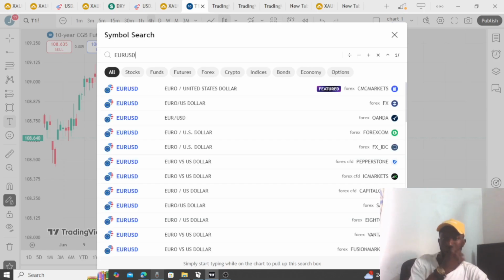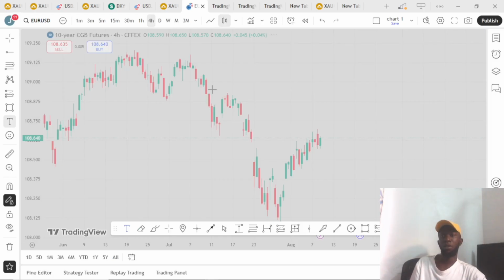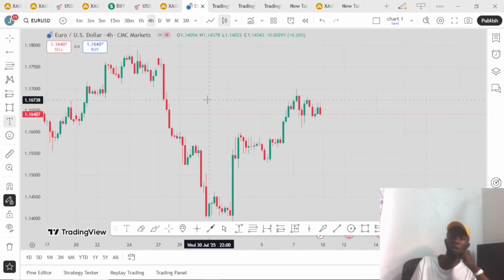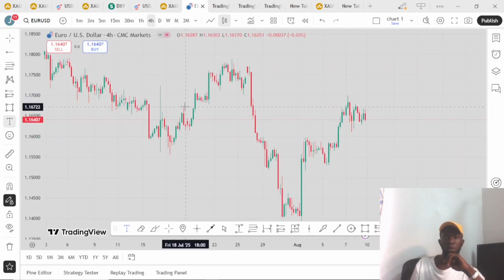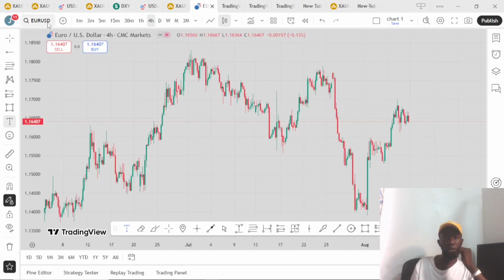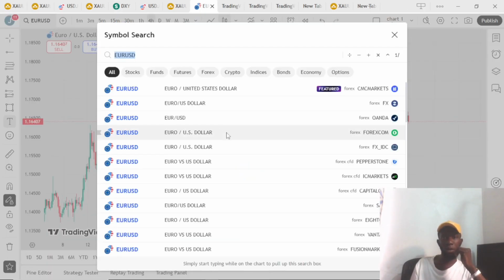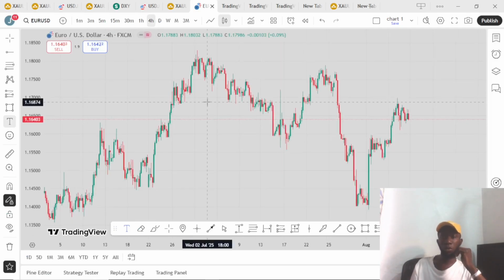So the major pairs I'll be watching are these two instruments, the Euro USD and gold. These are the pairs that I'll be watching for the week.